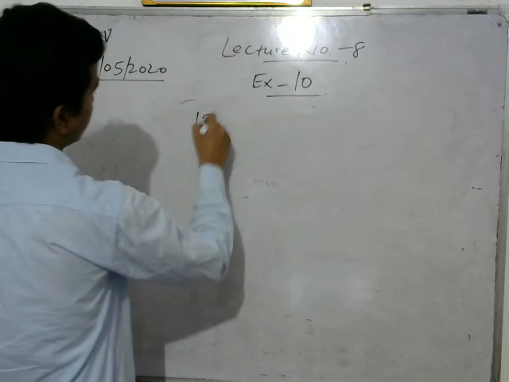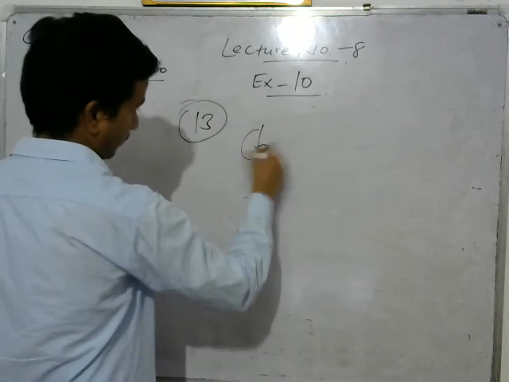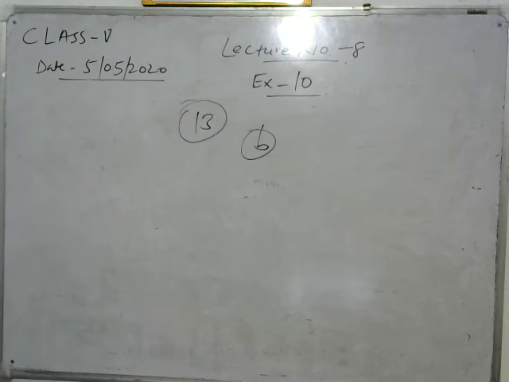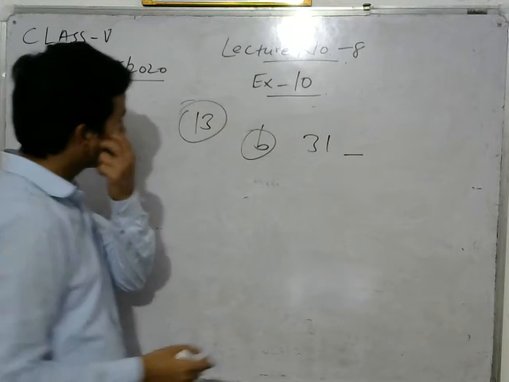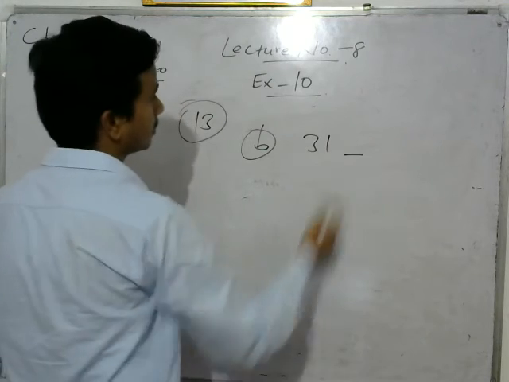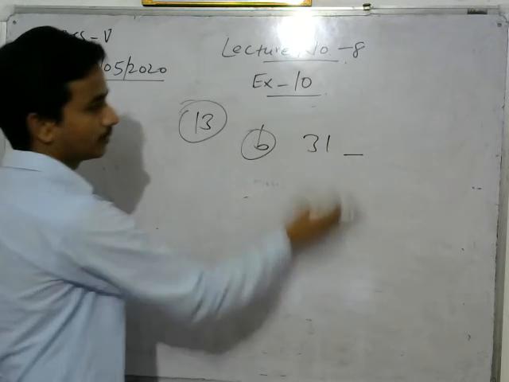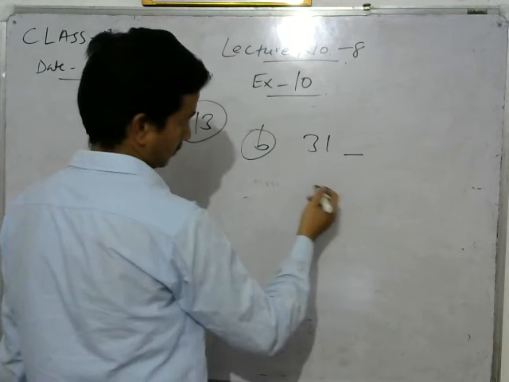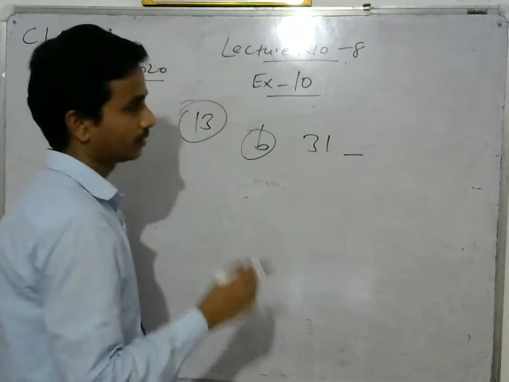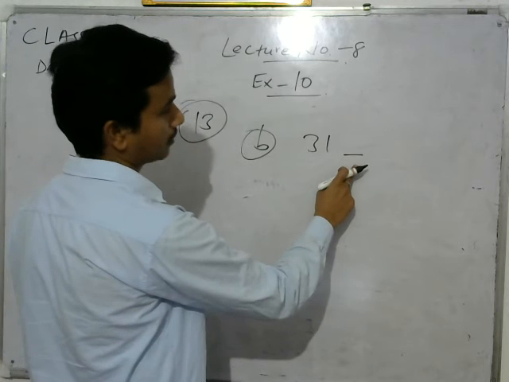Now question number 13b. Here 3 1. Here we have to find the smallest digit we can write here so that this number will be divisible by 3. Now for divisibility by 3, the sum of the digits should be divisible by 3.